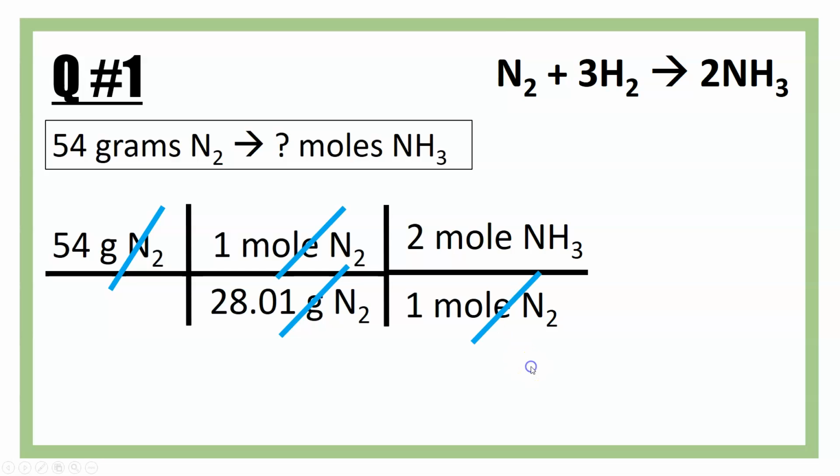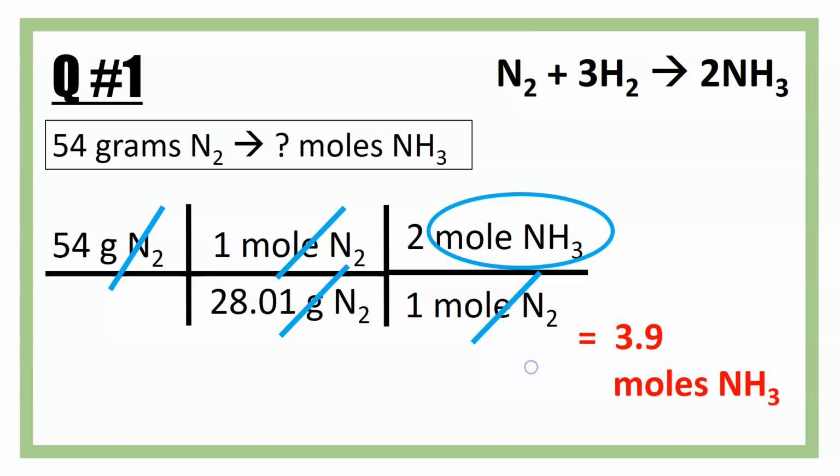My moles of nitrogen cancels. I'm left with moles of NH3. I punch that in the calculator, and I get that if I have 54 grams of nitrogen gas, I can make 3.9 moles of NH3.